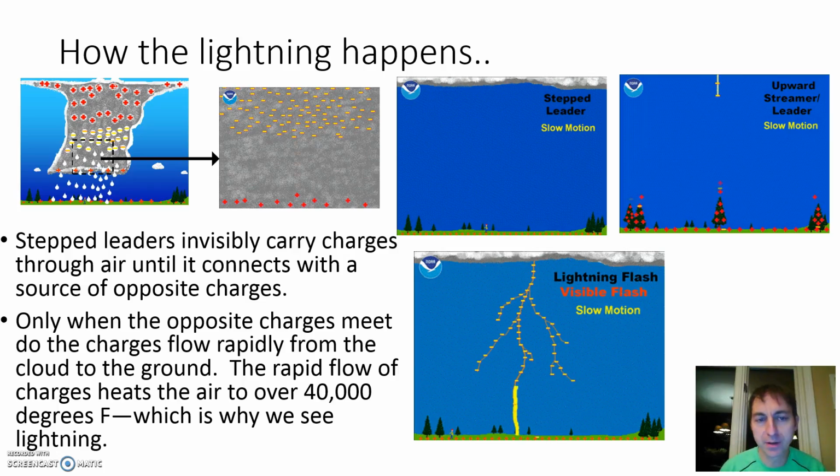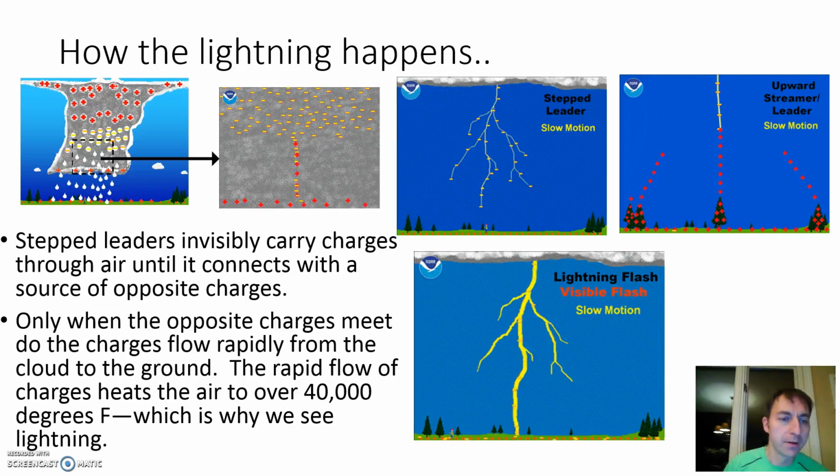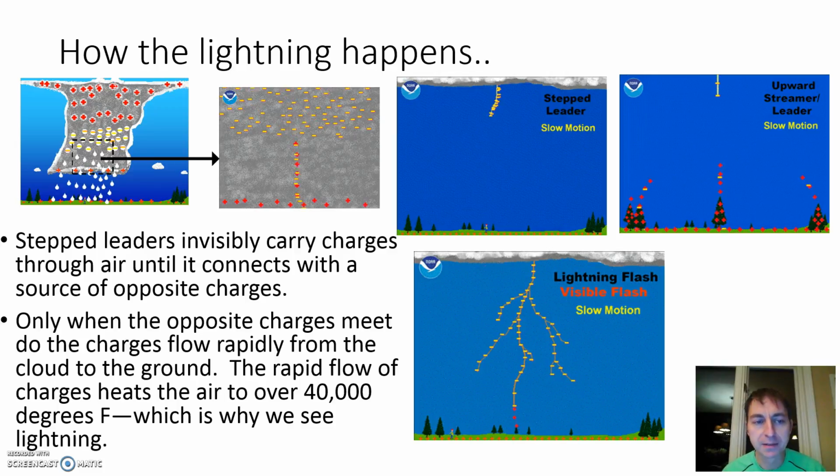So the process of the lightning taking place is kind of complicated. There are a number of things that happen. Some of them are not detected by the human eye, but I will show you there are ways of detecting them. So within the cloud, when we look at that middle to lower section, you have the accumulation of all of the negative charges with the graupel, and that little bit of positive charge near the base of the cloud.